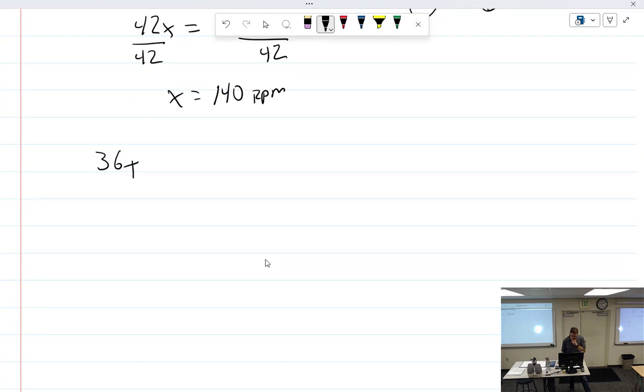What is the speed ratio of an input gear with 36 teeth meshed to a gear with 20 teeth? What is the speed ratio between the two gears? 36 over 20, says the man, which is 1.8 to 1. Everybody should have just seen it like that.